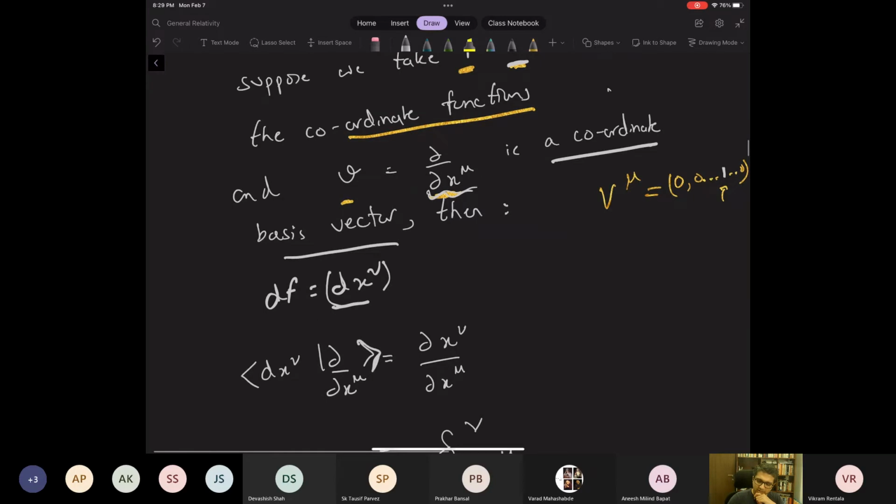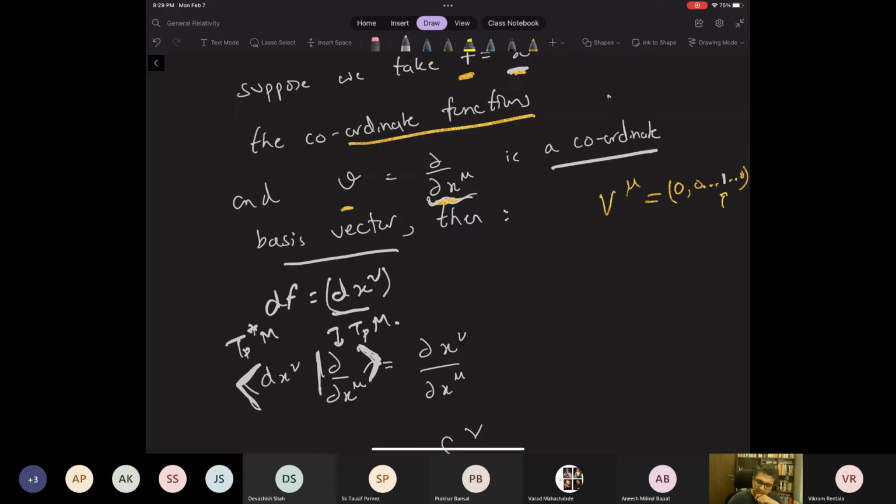And the rule is, if I take the inner product of dx nu with partial x mu, where partial x mu is a vector belonging to TpM and dx nu belongs to the dual vector space Tp star M, then this dot product is given by partial f partial x mu times v^mu, and v^mu is 1 only for this particular value of mu.